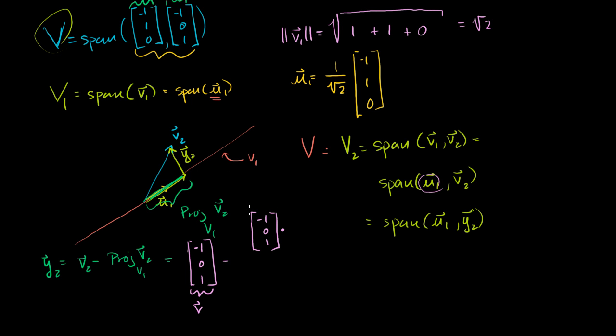I like leaving the 1 over the square root of 2 out of there just to keep things simple. All of that divided by, actually not divided by anything, because if we were doing a projection on a line, it would be divided by the dot product of the orthonormal basis with itself, but its length is 1, so we don't have that, and we saw that before.